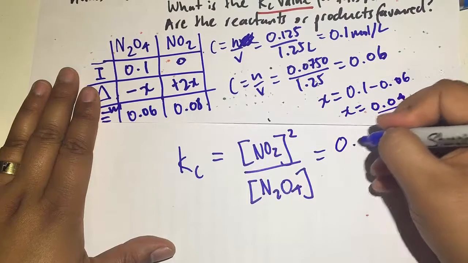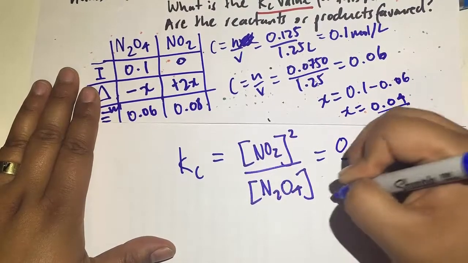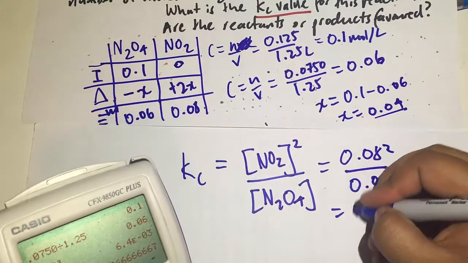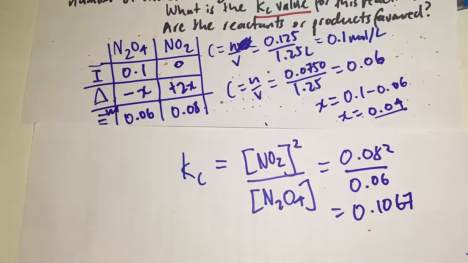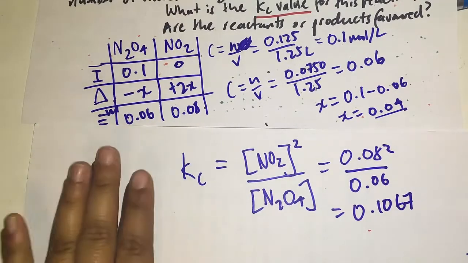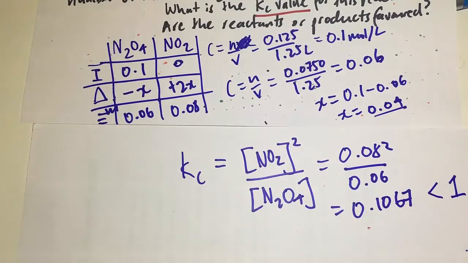And so that's going to be 0.08 squared divided by 0.06, and that gives us 0.1067 altogether. And so this Kc is less than 1, so again the reactants tend to be favoured.